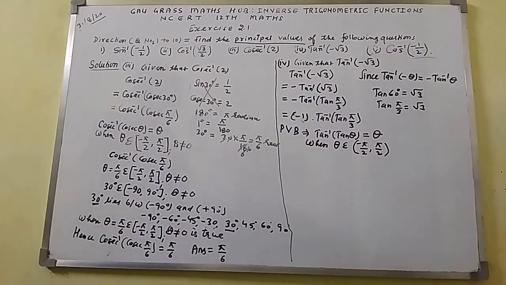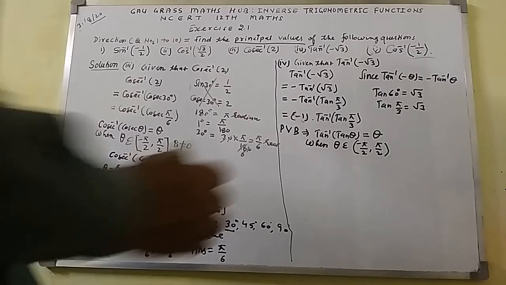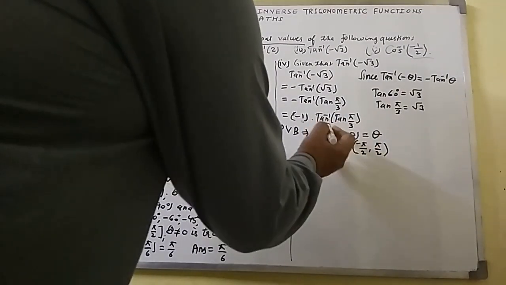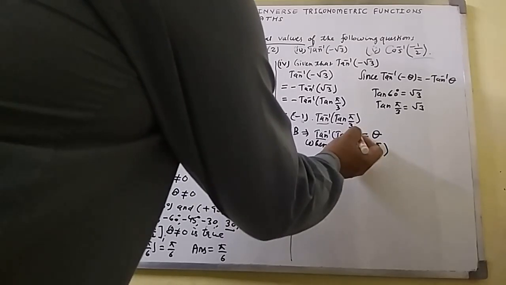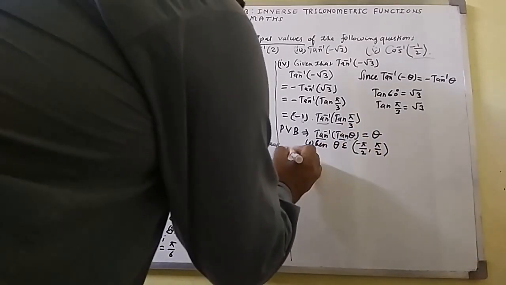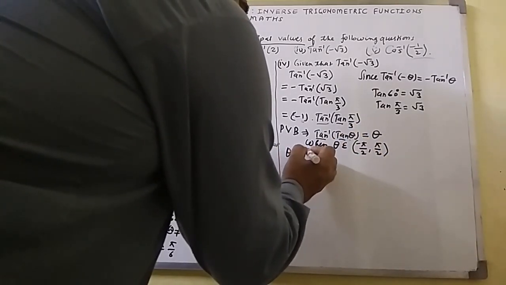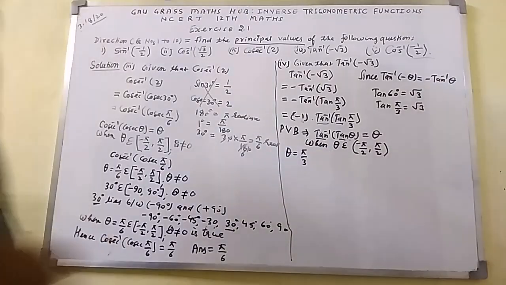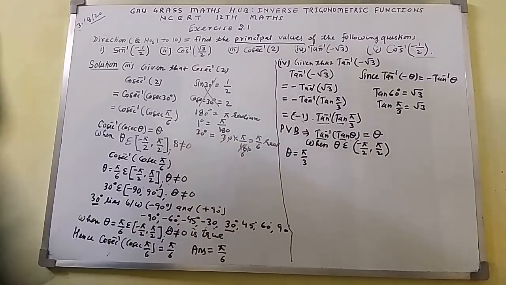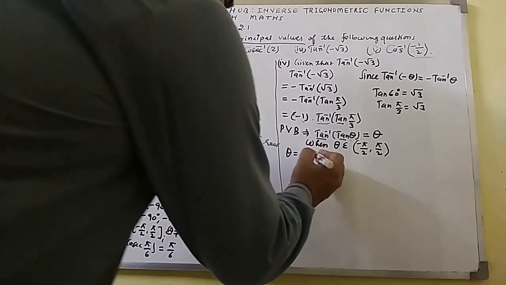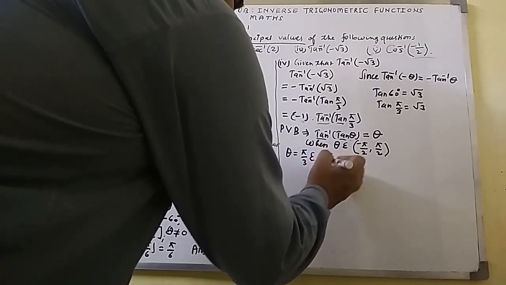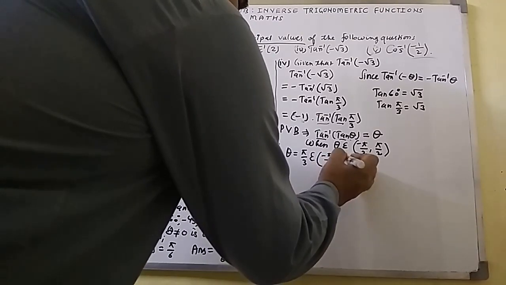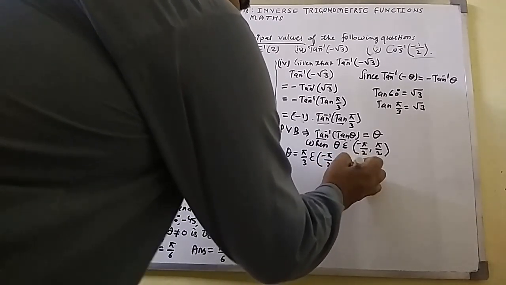Let us judge. Here tan inverse tan theta, and I shall take theta equal to pi by 3. So I have to prove theta equal to pi by 3 belongs to the open interval minus pi by 2 comma pi by 2. Let us see.